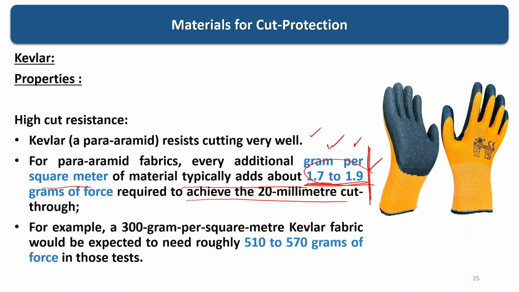For example, a 300 gram per square meter Kevlar fabric is expected to need roughly 510 to 570 gram force in those tests.